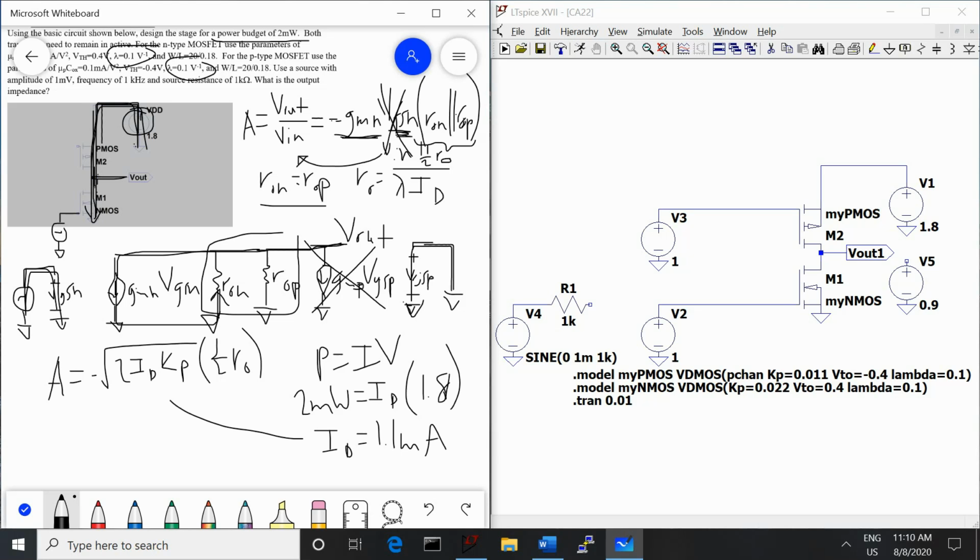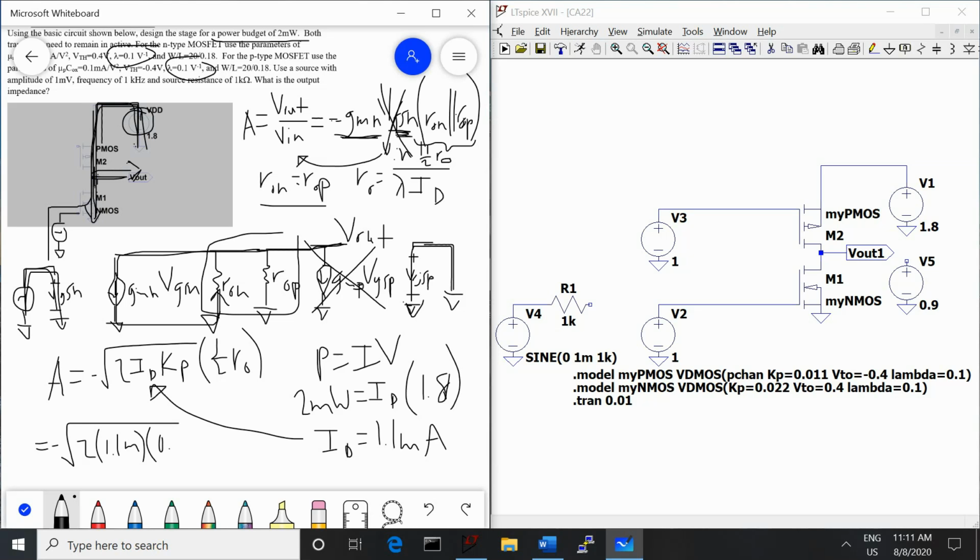Now we can plug 1.1 milliamps into our gain equation, and we can solve for what the gain will be. So that's going to be the square root of 2 times 1.1 milliamps times Kp, and that's Kp of the NMOS, because we're inputting our sine source going across the NMOS and coming out at V out.